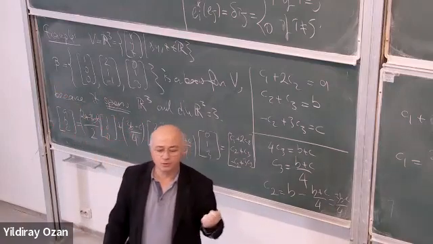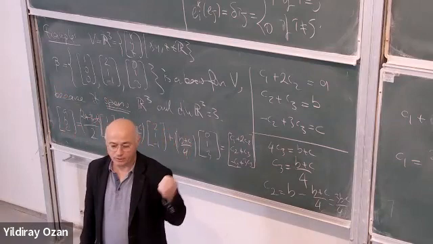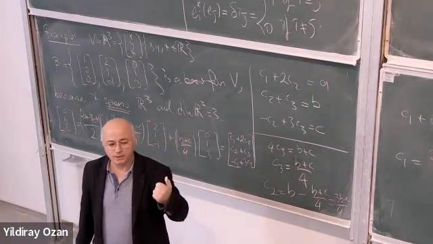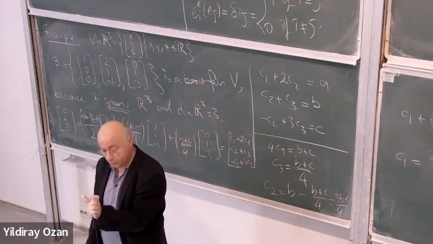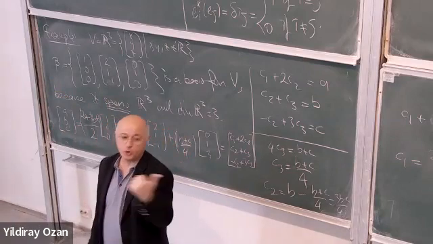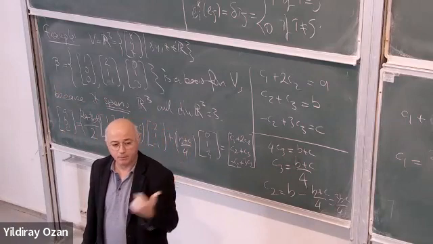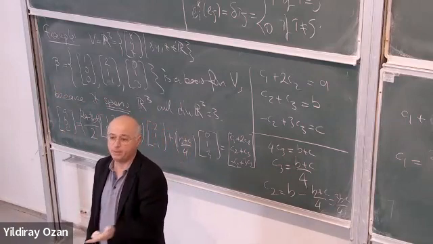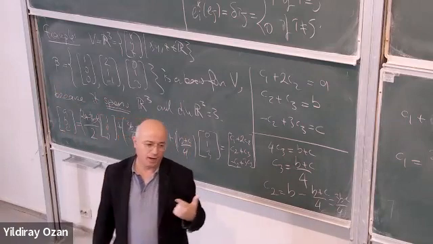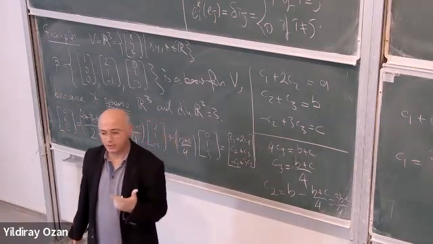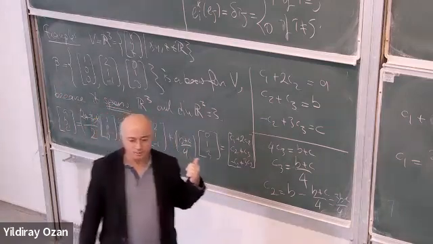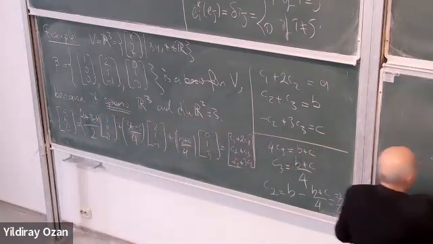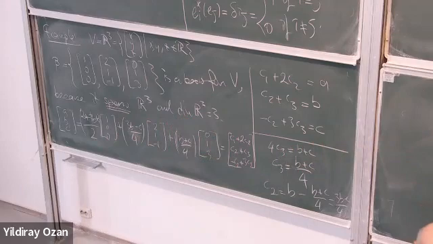Because if it wasn't linearly independent, it would mean that one of the vectors can be written in terms of the other 2 vectors. Then you would throw away the linearly dependent one, but you would end up with 2 vectors spanning the whole space. And that would be a contradiction because in that case, the dimension would be 2. But it says dimension 3.